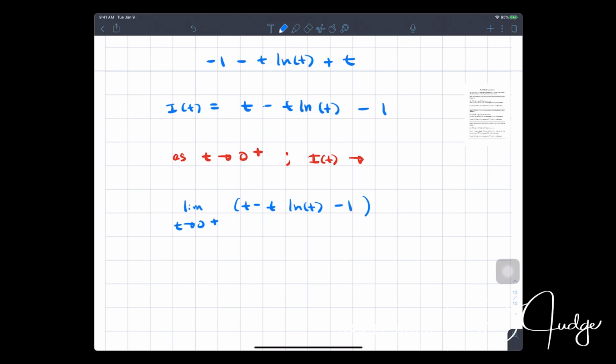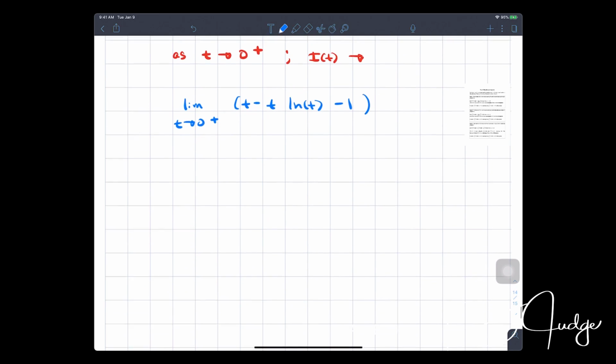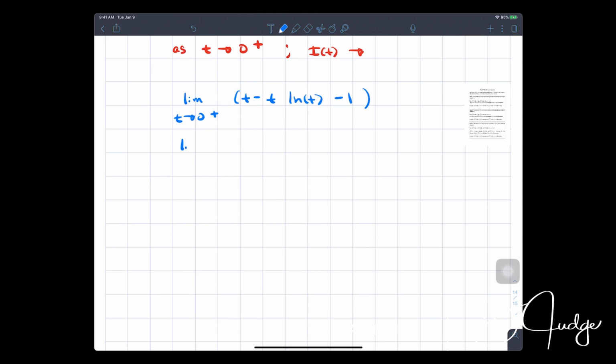So at this point, ladies and gentlemen, let's use properties of limits. This will be the limit as t goes to 0 from the right of t, minus the limit as t goes to 0 from the right of t natural log t, minus the limit as t goes to 0 from the right of 1.